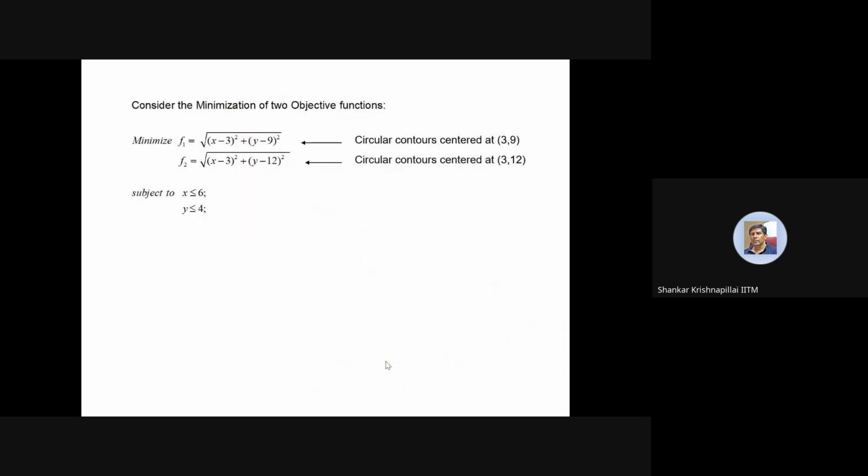Actually, the concept of multi-objective optimization is a little bit difficult, so I'll illustrate it with a simple example. Minimize two objective functions. The first is this objective function f1, which is actually the radius of the circle centered at (3, 9).